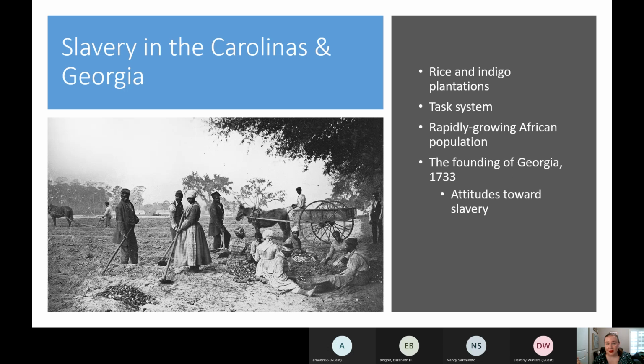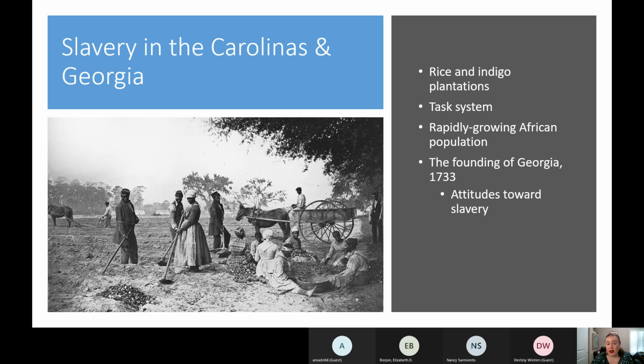They work under what's known as the task system. So in other words, they're given a series of things that they have to do that day. And once they're done with it, the rest of the day is theirs to do as they wish. So they're not as closely supervised and micromanaged as their counterparts in Virginia.